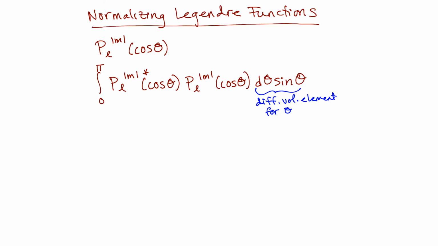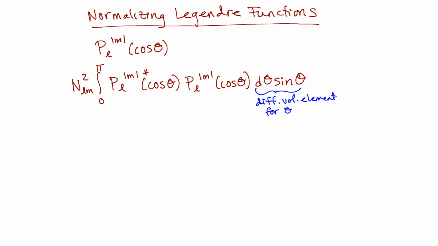Okay, and the other thing that we need to put in here is, since we're looking to normalize these, we know we're going to have a normalization constant. I'm just going to bring that out front. So we have an n squared, and we also know that we're going to have a function of L and M. Okay, so we'll just denote that with those indices in the subscript.